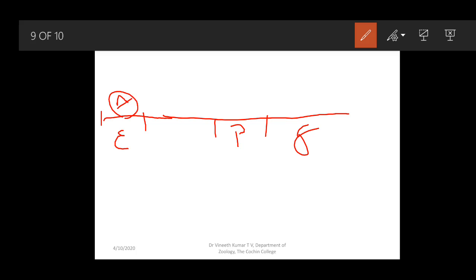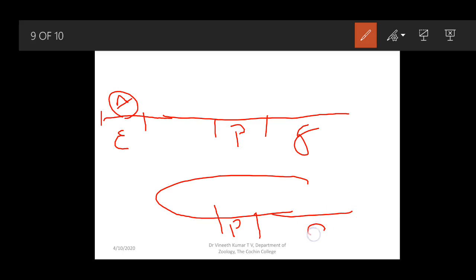Whenever the enhancer element is bound by the activator protein, this protein will cause the DNA to loop. After this activator binds, it will be like this. This will be the promoter region. This is the gene which is shown above. Now this enhancer region and activator will be like this.